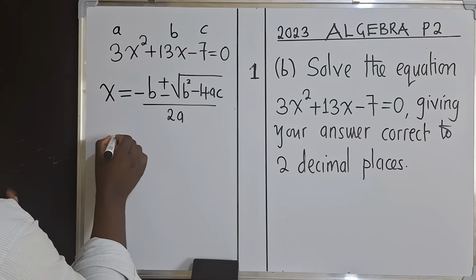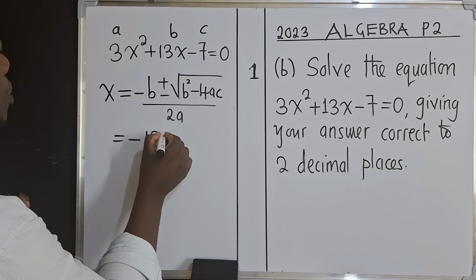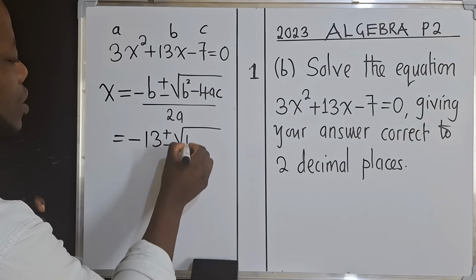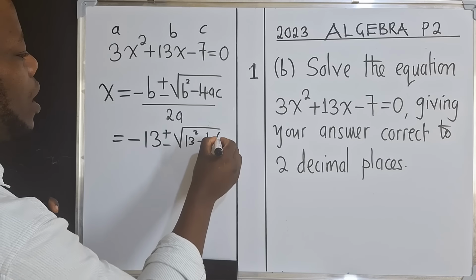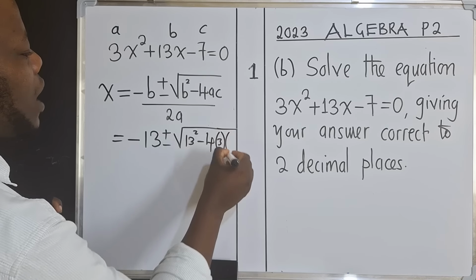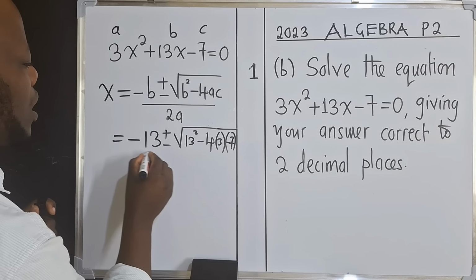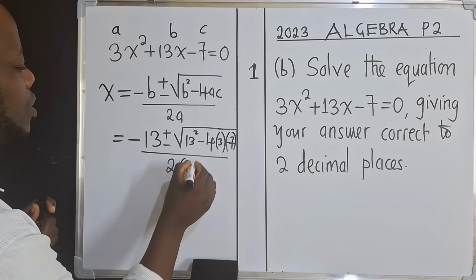So once you do this, we're going to say negative b, which is 13, plus or minus square root of b, which is 13, squared, minus 4, our a is 3, and our c is negative 7. And then everything over 2 times 3.